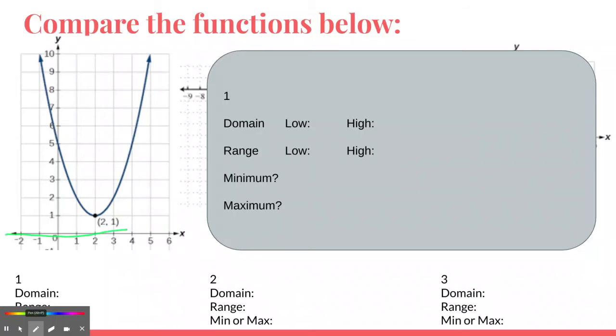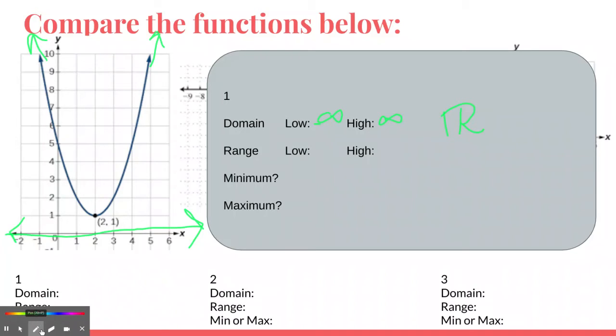So here's my x-axis, and you can see because of these arrows, it continues to go in both directions. So you want to think about having this as all real numbers, and this can go all the way to negative infinity. My x-axis can go all the way to positive infinity. So negative infinity and positive infinity.